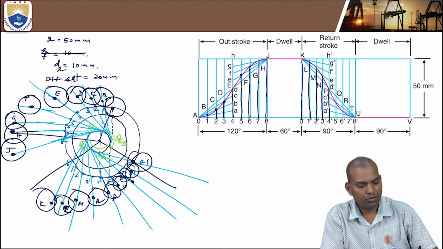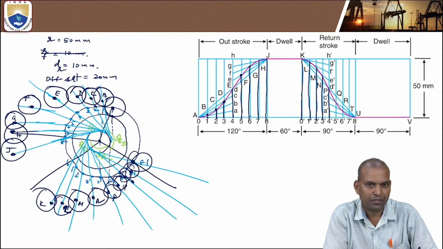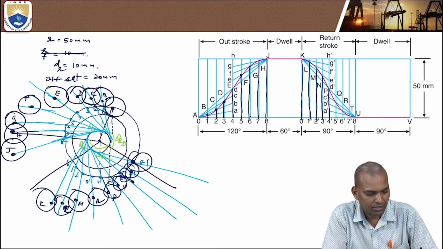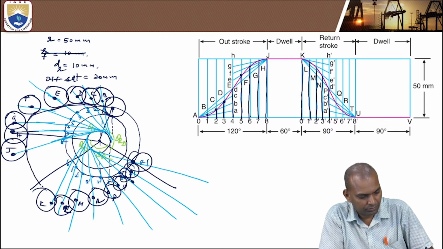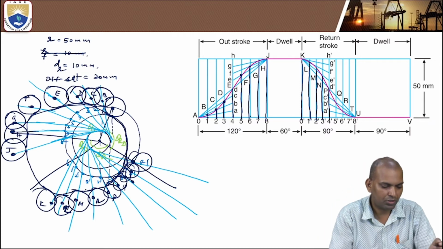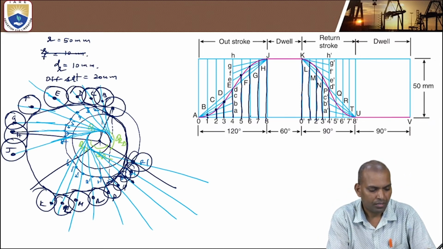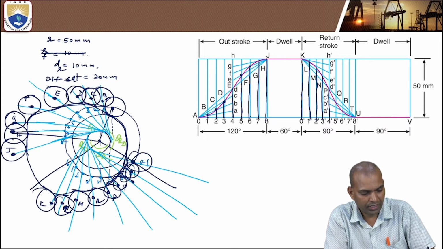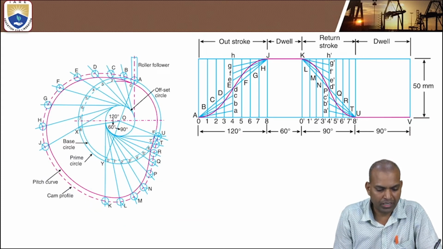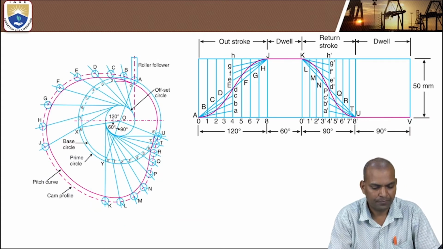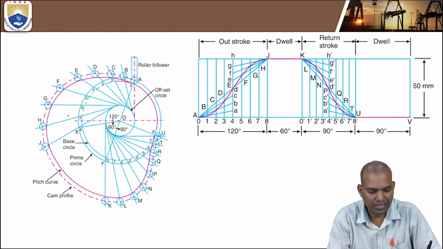The path traced by the contacting points, that is the surface of the rollers, gives the profile of the cam. So this is the profile of the cam. Use geometric instruments, then the profile of the cam looks like this after joining the points. The diameter of the roller is 10 millimeters.